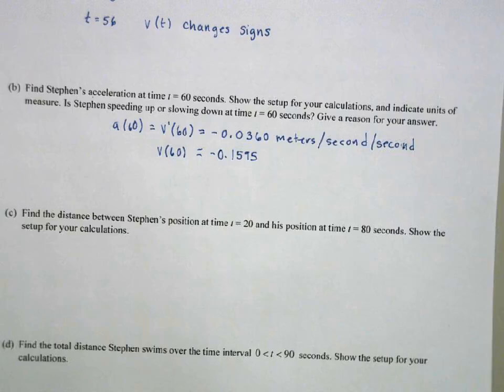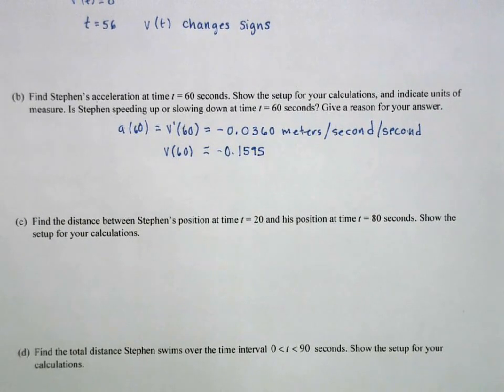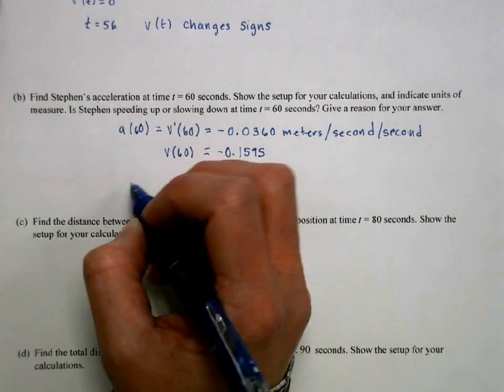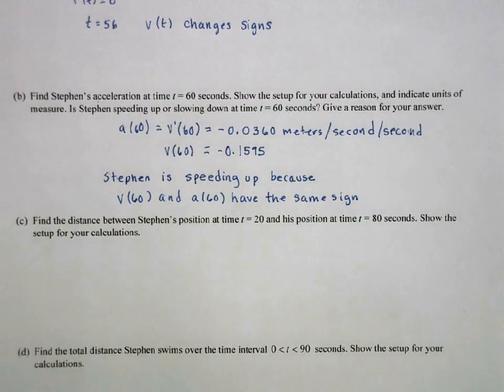Okay, well, if both my velocity and my acceleration are the same sign, then our person here is speeding up. So in words, Steven is speeding up because v of 60 and a of 60 have the same sign.